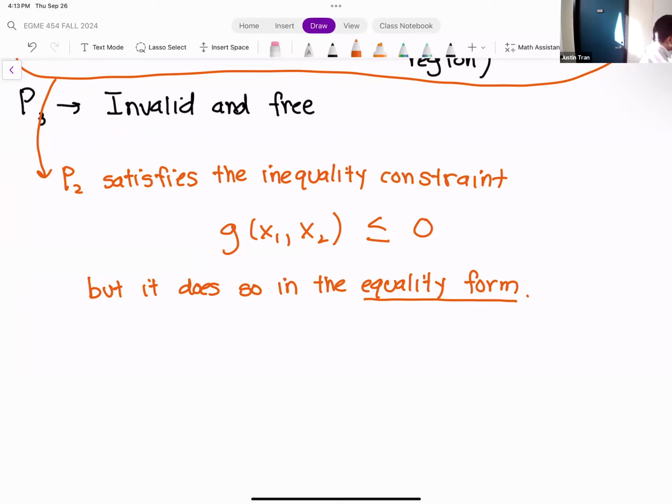So in other words, we could have solved this problem if P2 was the optimal point. If P2 was the optimal point, then we could treat this inequality constraint as an equality constraint.